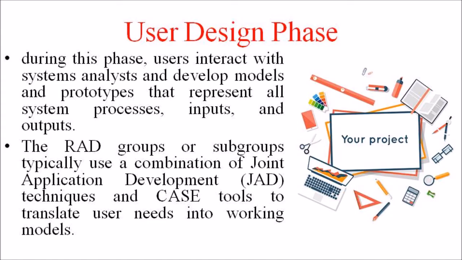The rapid application development groups or subgroups typically use a combination of the Joint Application Development, that is JAD, technique, and CASE tools to translate user needs into working models. User design is a continuous interactive process that allows users to understand, modify, and eventually approve a working model of the system that meets their needs.